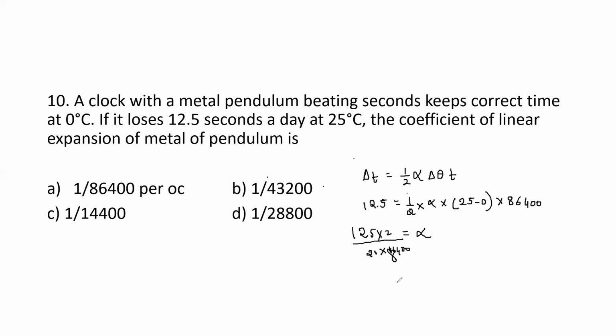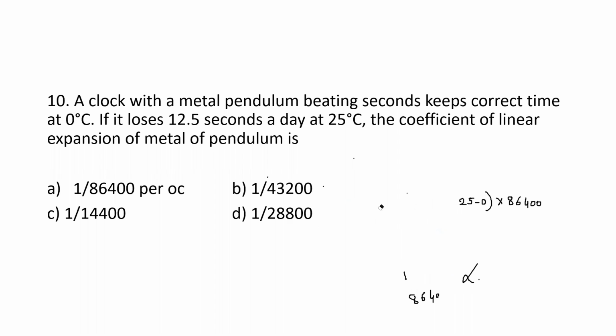Therefore we get α = 1 divided by 86400, that is option A, the right option here. The α value is found to be 1/86400 per degree Celsius. So the loss of time is given by ΔT = 1/2 αΔθ T.